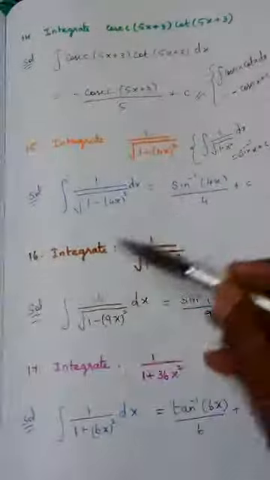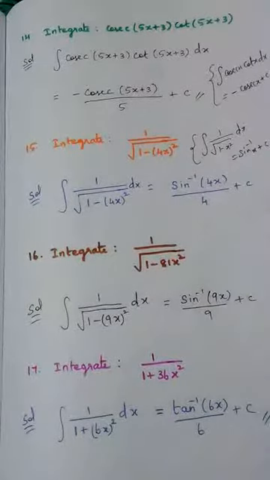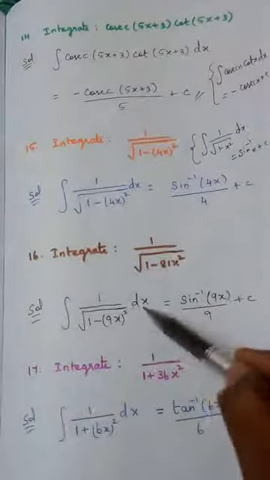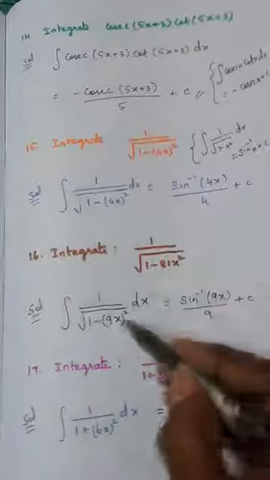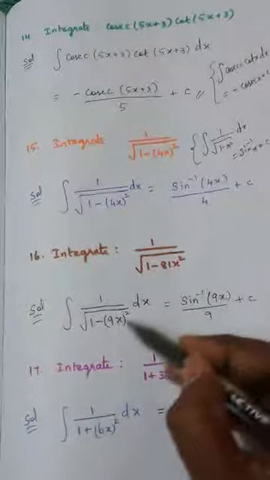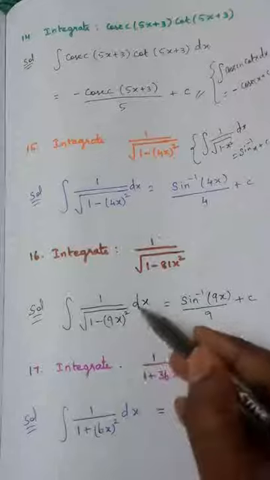Problem number 16. Integrate 1 by root of 1 minus 81x square. So with the integral symbol, writing the function dx. And while writing the function, I am going to write this 81x square as 9x whole square, because 9 square is 81.